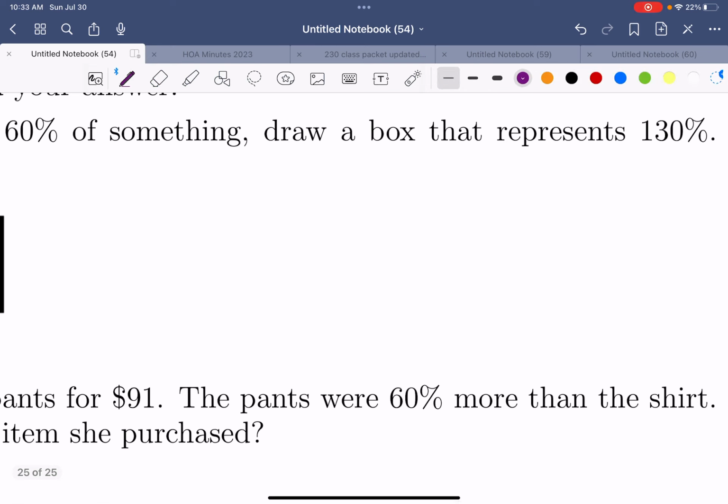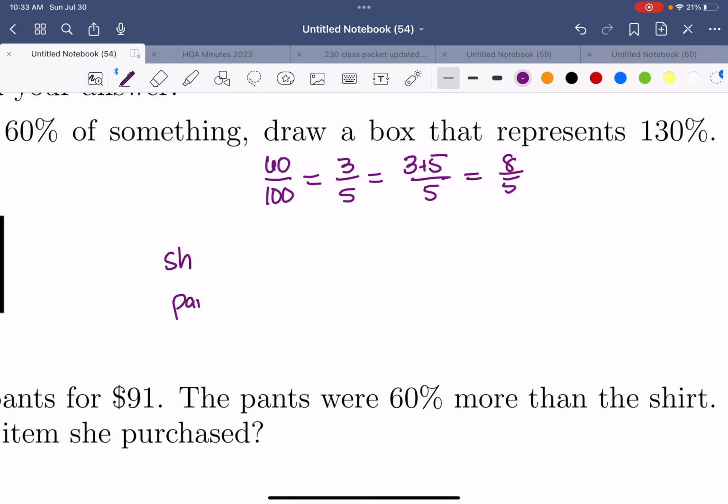So if we go back here to our 60%, 60 over 100 reduces to 3/5. But the pants aren't 3/5 of the shirt. That would make it less. We want this to be more. So that means we're going to add the two together. We're going to take 3 plus 5 over 5 because it's as much as the shirt, so 5 plus 3 more. That's going to give you 8 and 5. So for shirt and pants, shirt is the bottom, pants is the top.